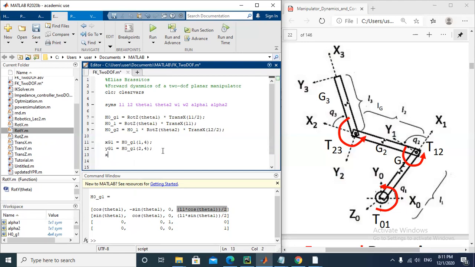So I can quickly add a comment: coordinates of G1, or of the center of gravity of link 1.